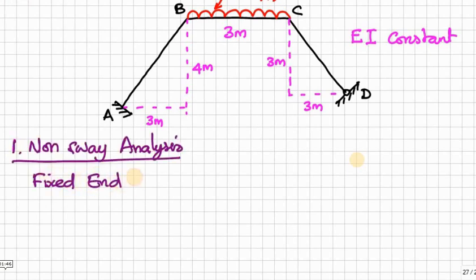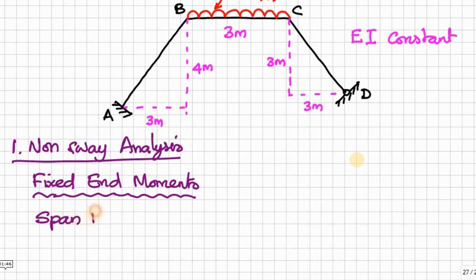As usual in non-sway analysis, first we have to calculate fixed end moments for each span if the span has external loads or span loads. So first we consider the span BC, because span AB and CD have no external loads. Therefore we have to consider only span BC here.